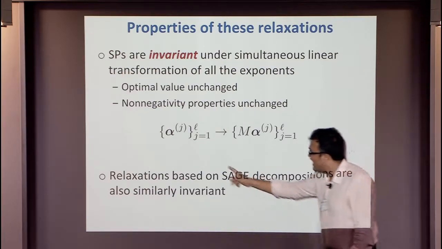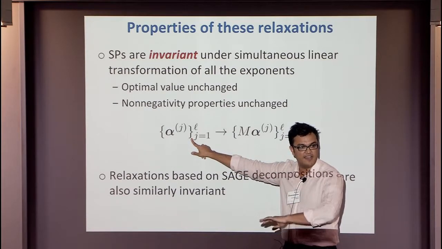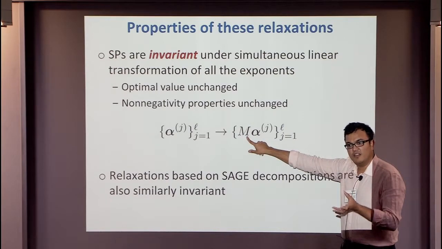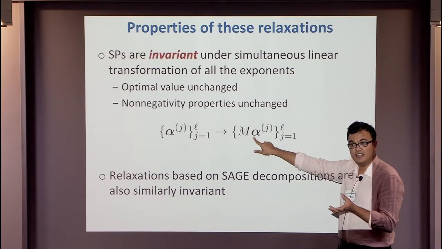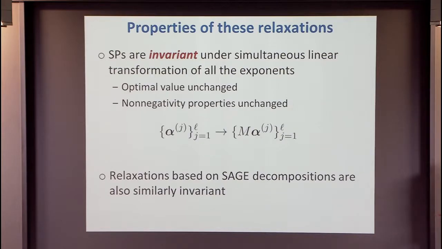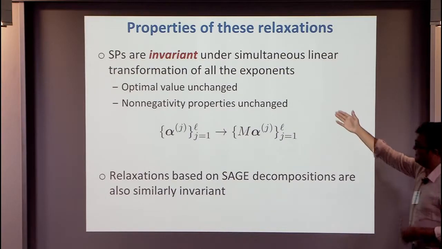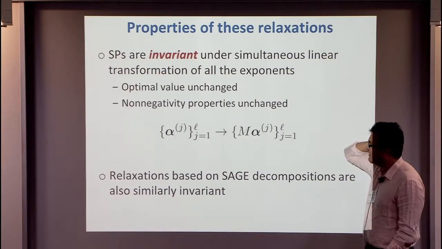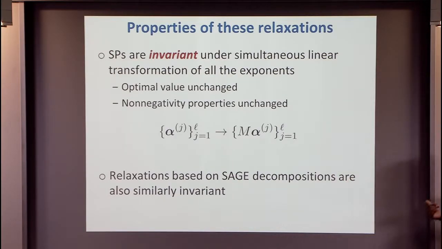If you take all the exponents in your problem, both in the objective and in the constraints, and apply a non-singular linear transformation simultaneously to all of them, the underlying SP remains unchanged. So the optimal value remains unchanged, non-negativity properties and so forth remain unchanged. And you'd like this to also be a feature of any methodology you develop for SPs. And it's certainly the case that SAGE decompositions respect this invariance.